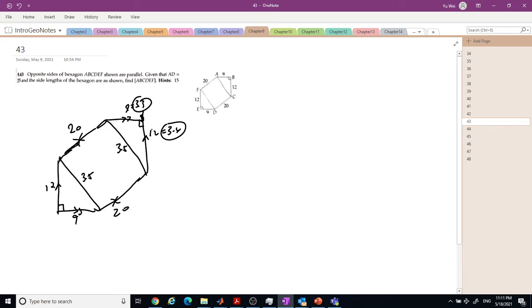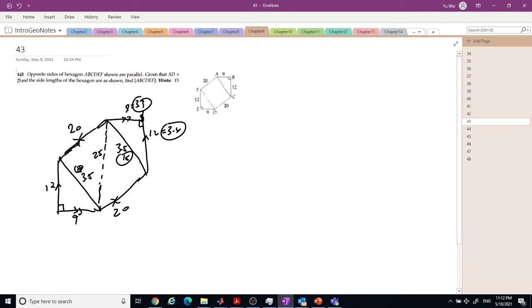Given AD is 25, and this one is 15, this one is 25.